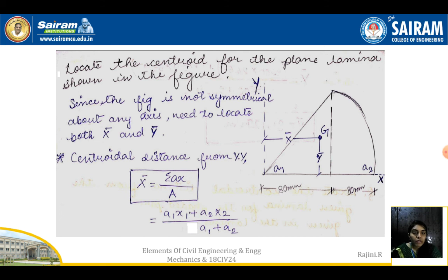For both we have a formula. For the triangle, if you're going from the base, it is 1 by 3, and for the quarter circle, if you're going from the base, it is 4r by 3 pi according to our formula.